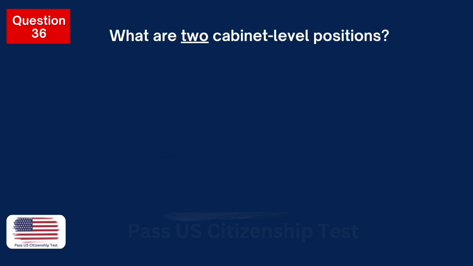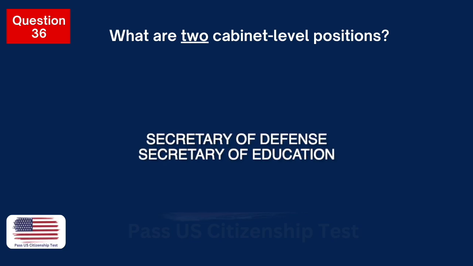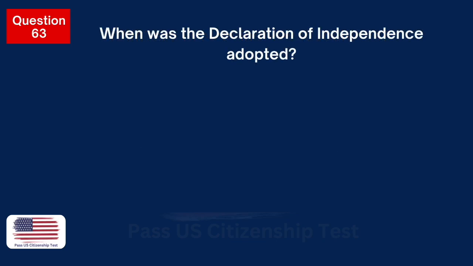What are two cabinet-level positions? Attorney General. Vice President. When was the Declaration of Independence adopted? July 4, 1776.